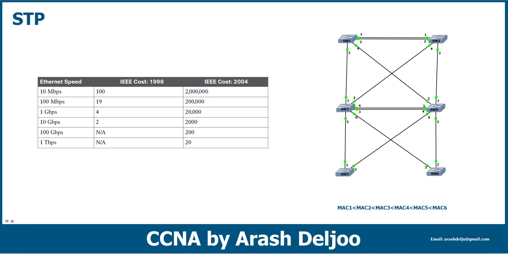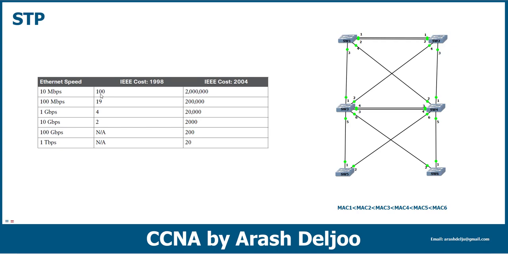We call it the bandwidth cost table. Let me first review this table because it has changed over the years. For example, here we have the table that was released in 1998, and the cost of a 10 megabit per second interface is 100.